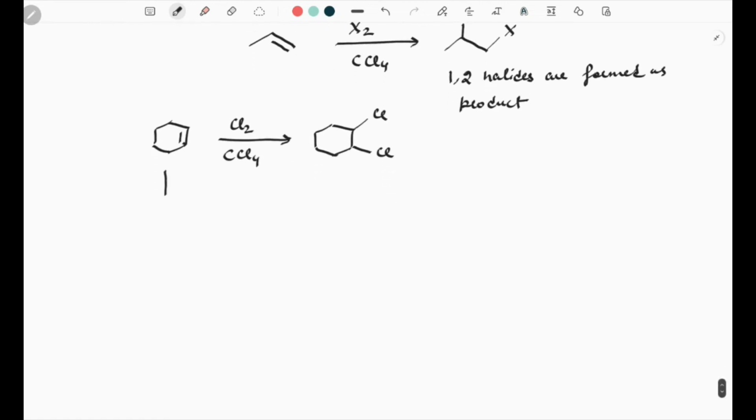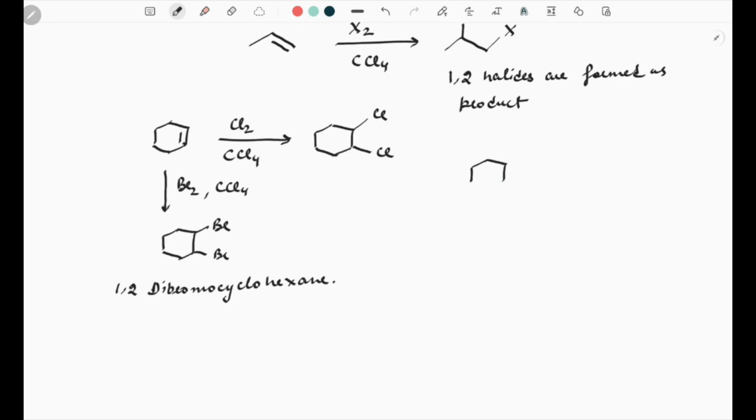If you do the same reaction with bromine and CCl4 as a solvent, you are going to get 1,2-dibromocyclohexane, and in this reaction there is no worry of selectivity because on both carbons you will get halogen atom.